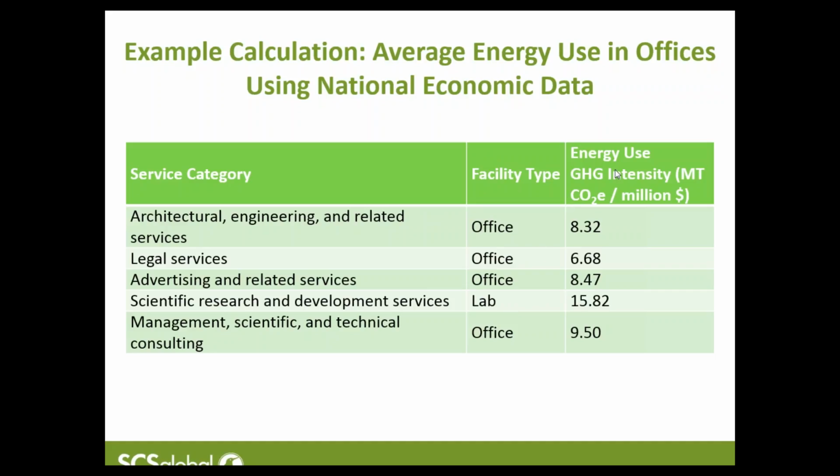And then using these intensity factors, we calculated the average energy use per $1 million of spend for this company. And you can see this greenhouse gas emissions in terms of metric tons of CO2 equivalent per $1 million ranged from about 6.7 to up to almost 16 for the lab services.